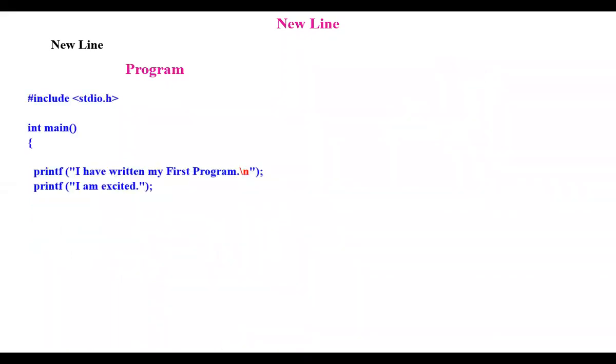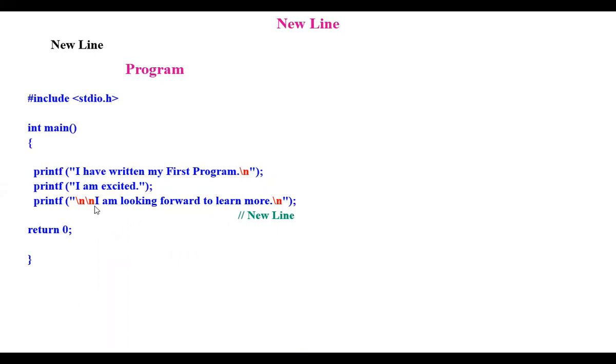So here, another thing. The new line character is there, but in a different place. You see, in the first printf, in the end I have given a new line. Second printf, no new line. But in the third printf, I started with a new line. Not one, but 2.